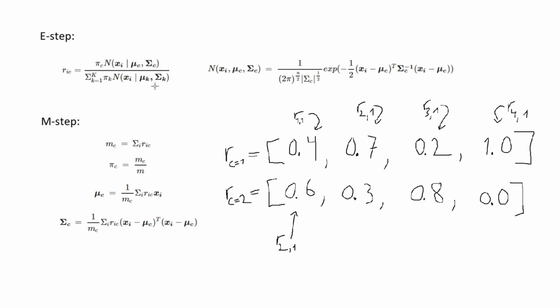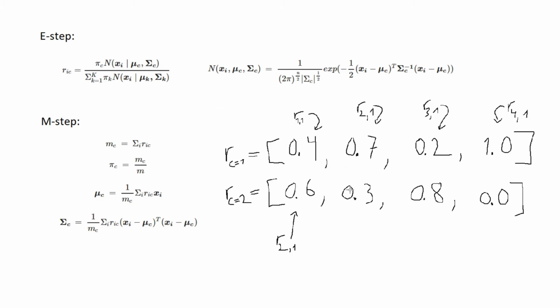And we will evaluate this function again, and we will put the result down here where it says R21, which indicates this is the R value for cluster 2, and 0.1. And we're using 1 indexing here. I'm sorry if you don't like that, but that's the case.